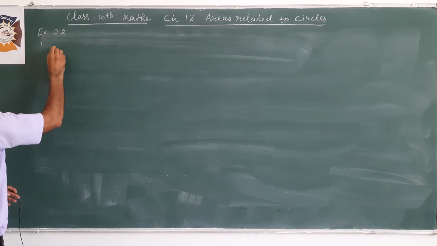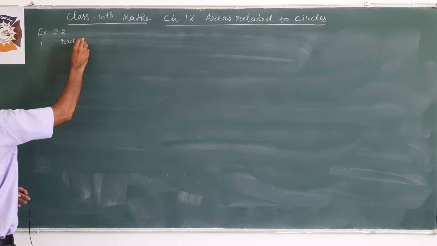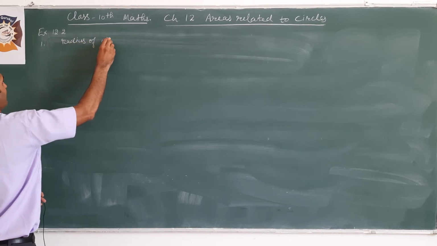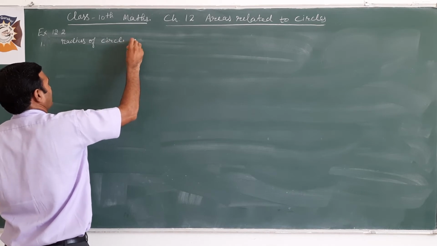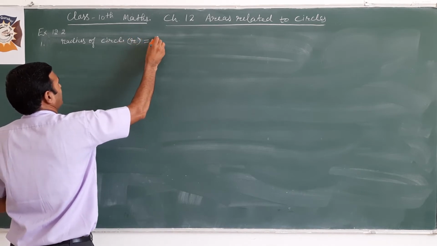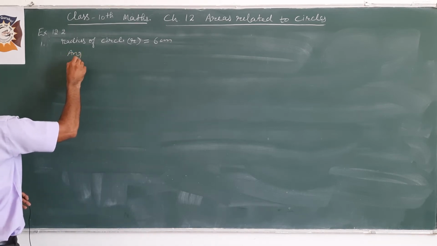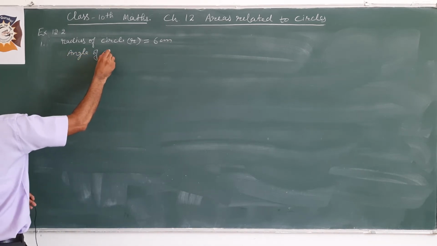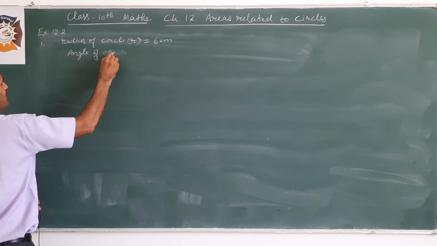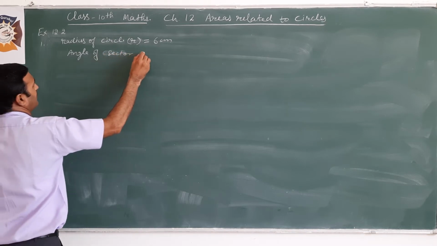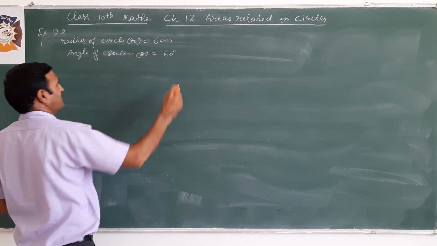Radius of circle, let r be 6 centimeter, and angle of sector, which is theta, is given as 60 degree.